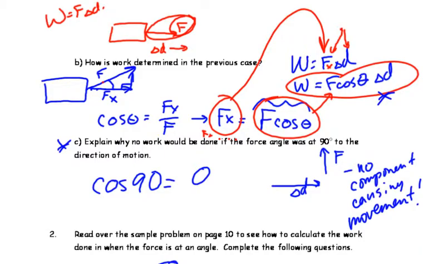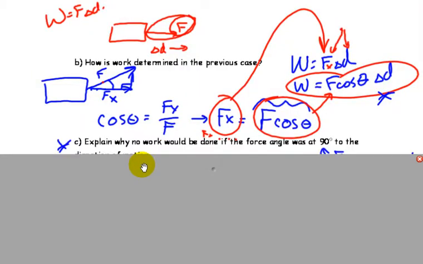Just like before, in this particular case it's the adjacent side over the hypotenuse, so we're looking at the cosine. So cos theta equals Fx over F, my applied force. Solving for Fx, I get F cos theta. So you could use this in the equation.